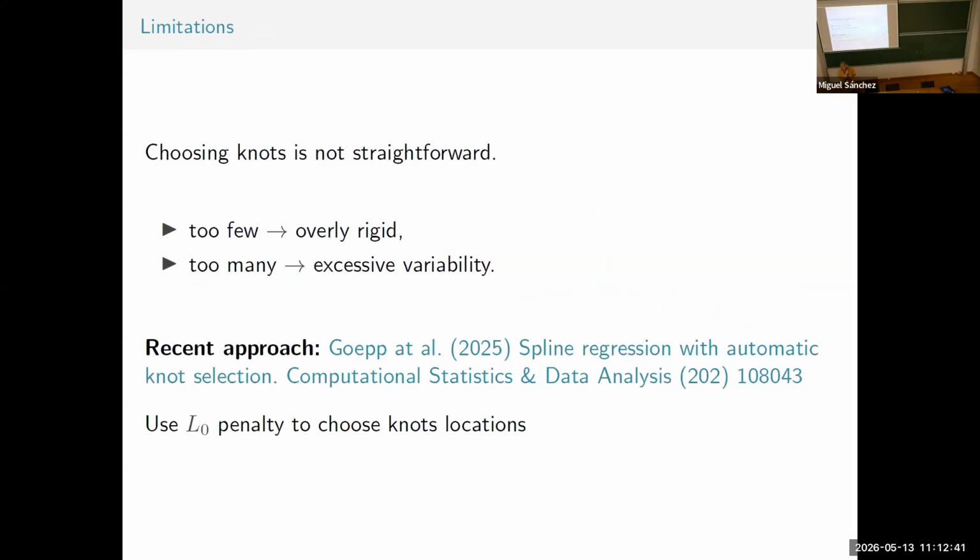It is done assuming an L0 norm. In fact, what you are saying is that you want to send a coefficient to zero or not, which implies choosing the knot. This norm can be approximated by a quadratic penalty, so everything falls into a standard regression problem.